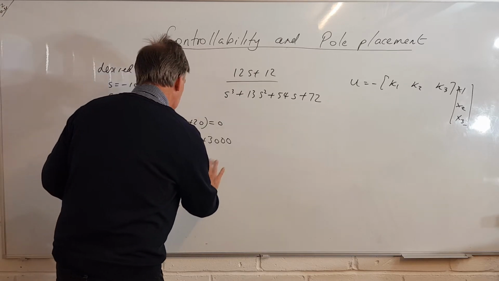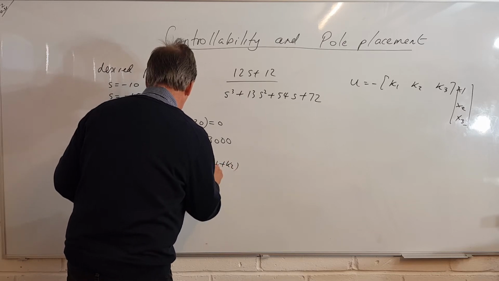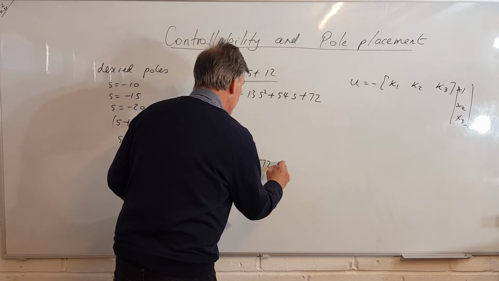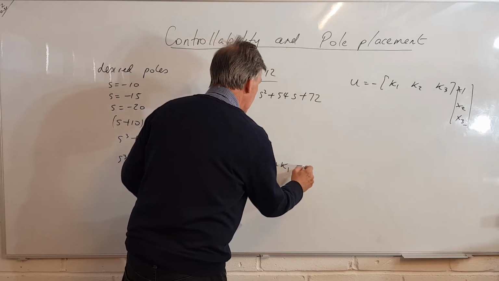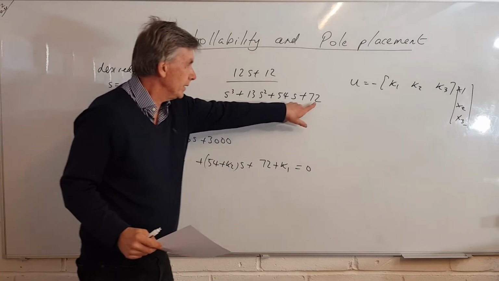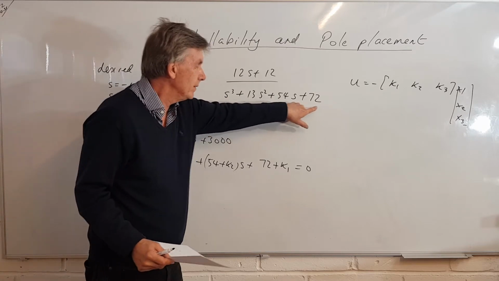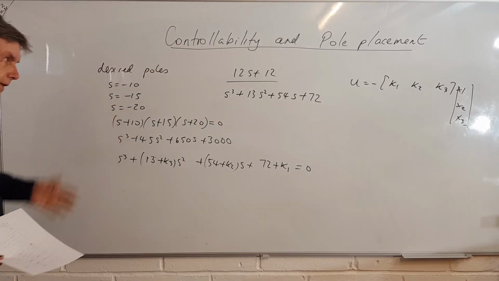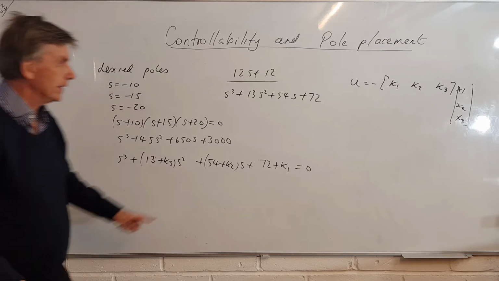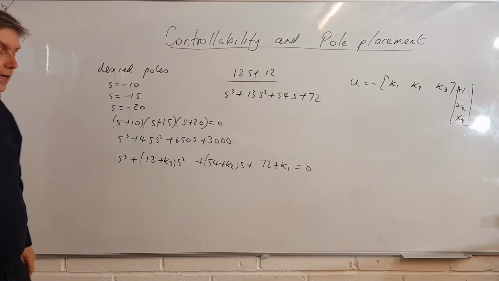So it'll be plus 54 plus K2 times s, and finally 72 plus K1. That will equal 0. So what we do is we put a K1 in with this one, a K2 in with this one, and a K3 in with that one. They go in reverse order, like all the calculations do here. They're reverse order calculations. So here they appear here, but when they go in here, they go in reverse order.